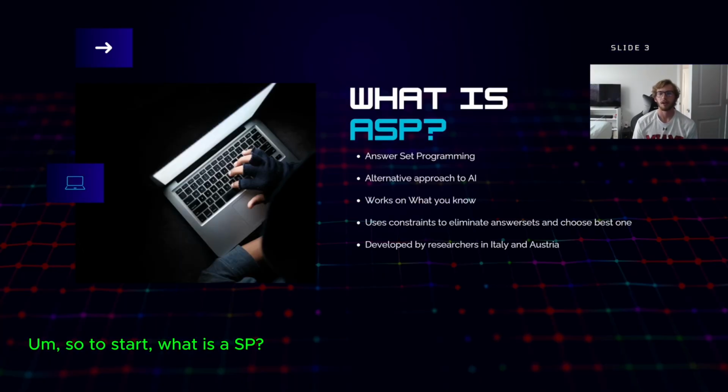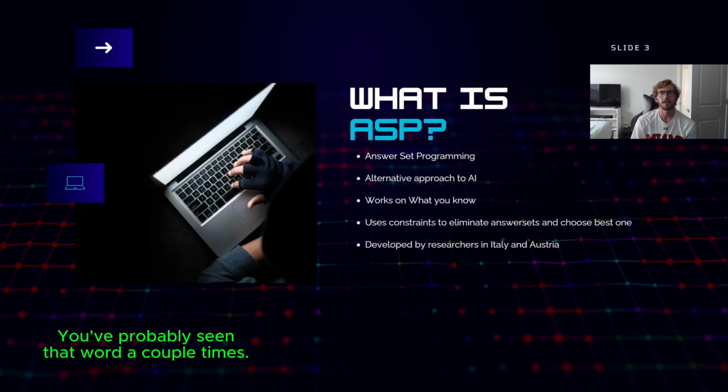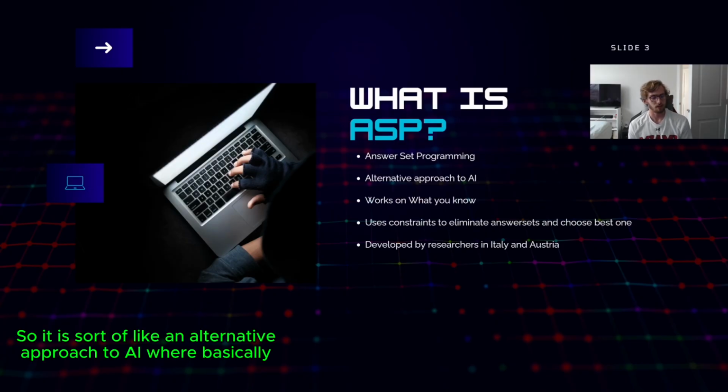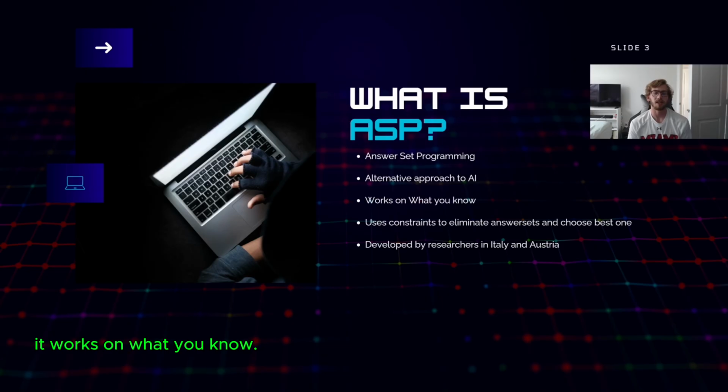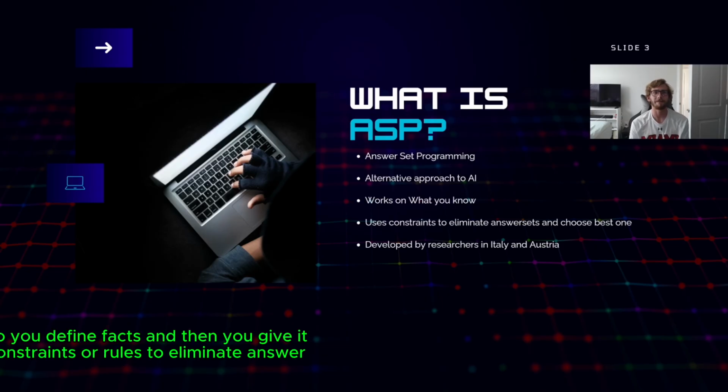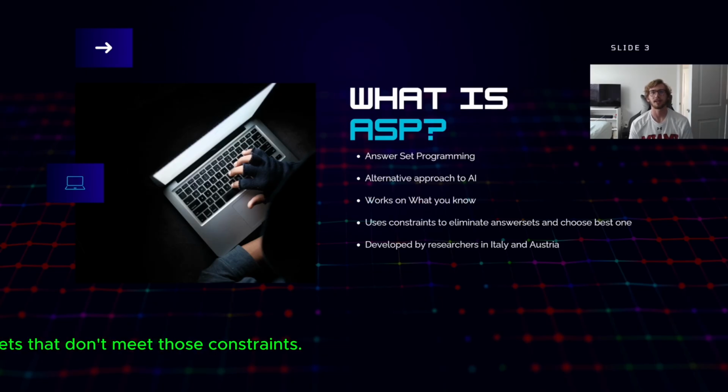So to start, what is ASP? You've probably seen that word a couple times. ASP stands for answer set programming. It is an alternative approach to AI, where it works on what you know. You define facts and then you give it constraints or rules to eliminate answer sets that don't meet those constraints.